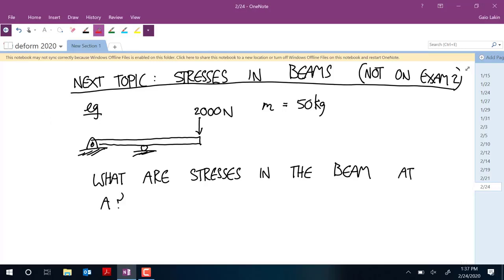Let's say at this point A here. Well, notice that where I drew that line A, that actually represents a finite area. And so an area is made up of infinitely many points.